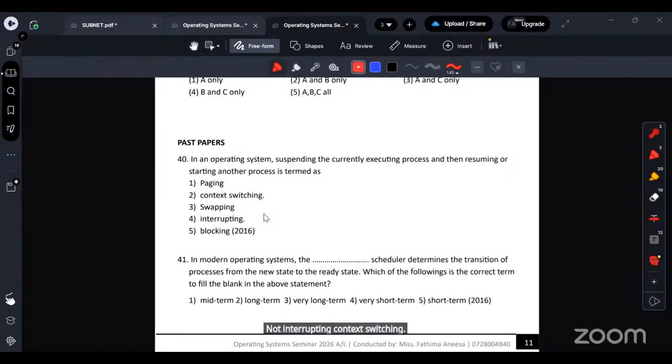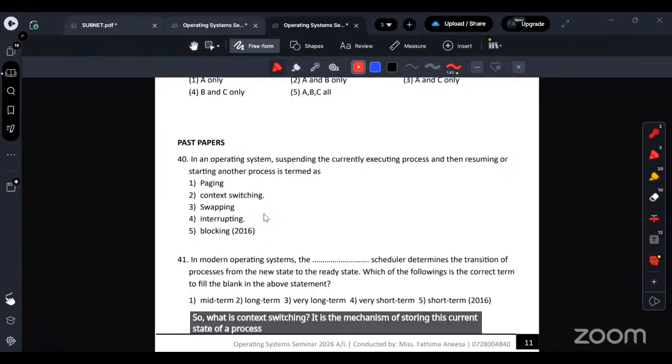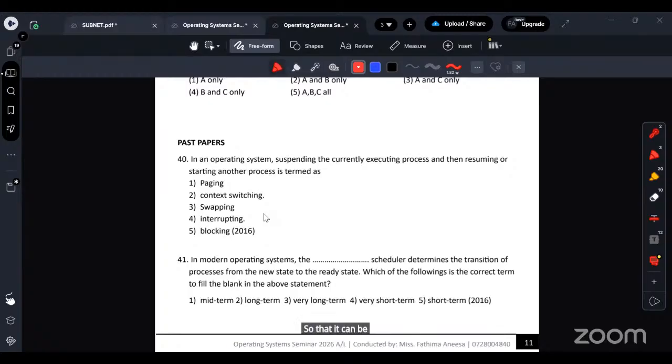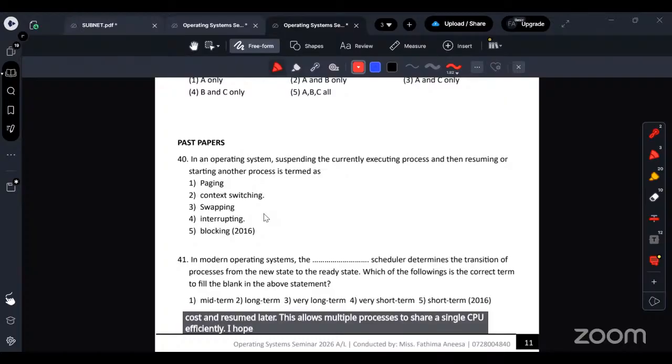So, what is context switching? It is the mechanism of storing the current state of a process so that it can be paused and resumed later. This allows multiple processes to share a single CPU efficiently. I hope that was clear.